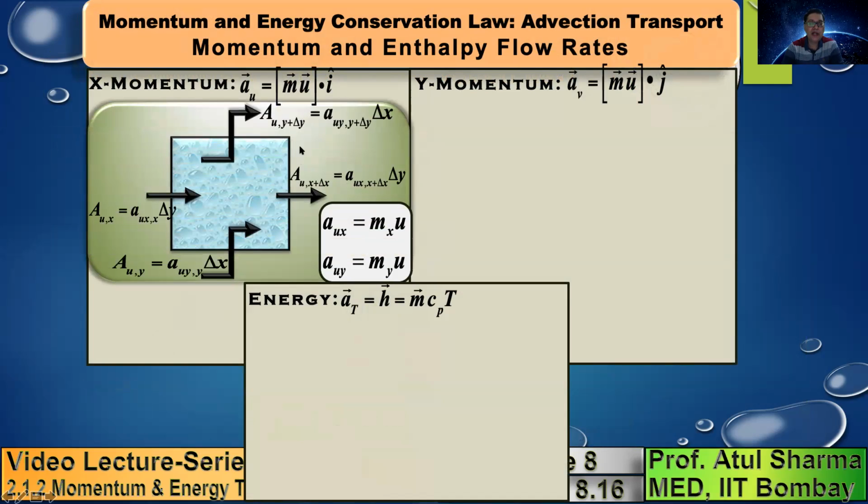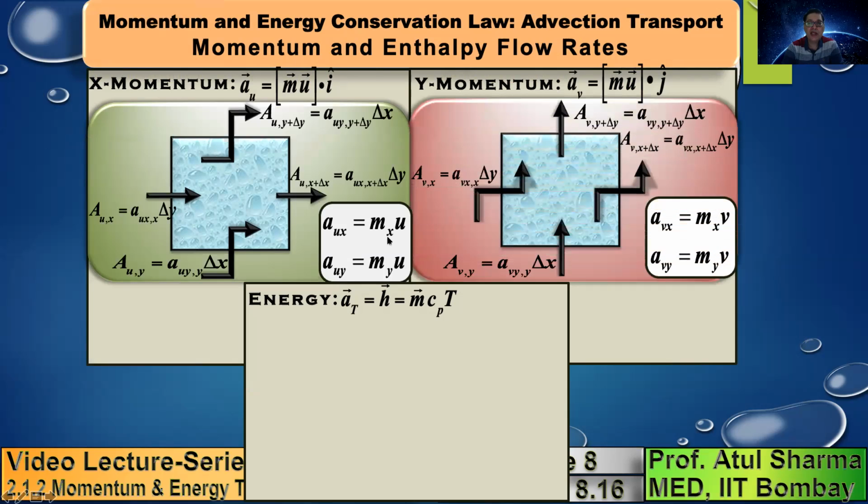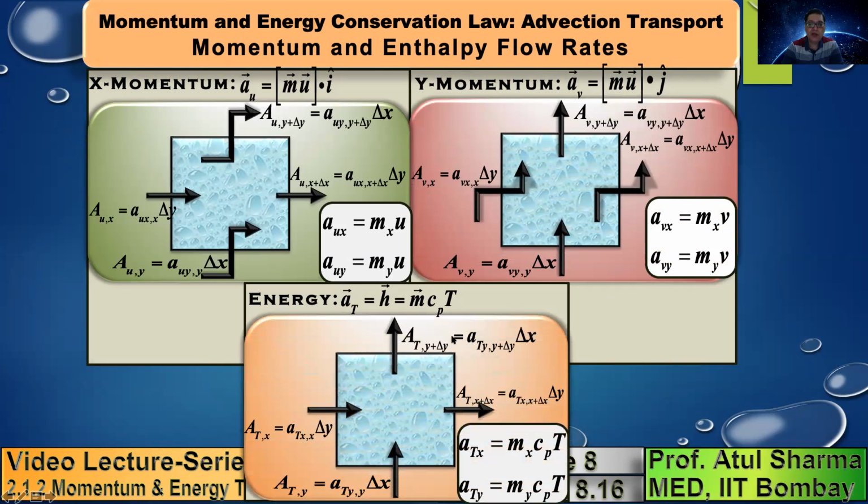This corresponds to the x momentum equation, where these are the x momentum fluxes in the x and y direction, and these are the y momentum flow rate, and this is the y momentum flux. This AT corresponds to the enthalpy flux, and here you take the product of enthalpy flux with the surface area. This gives you the enthalpy flow rate.